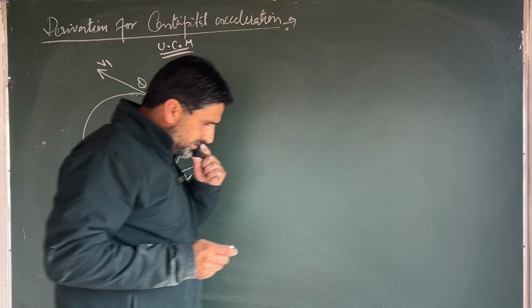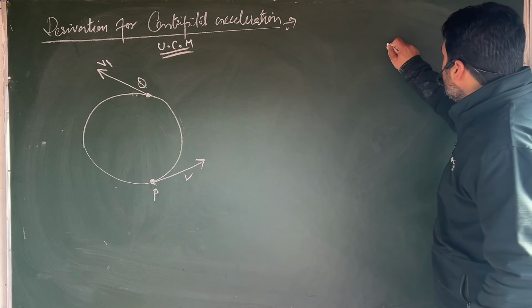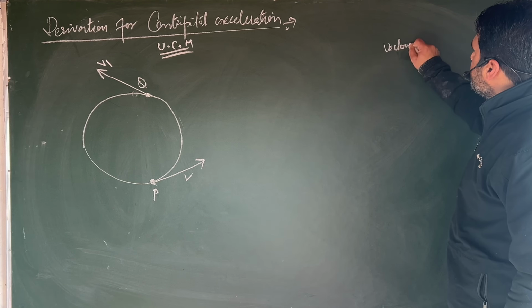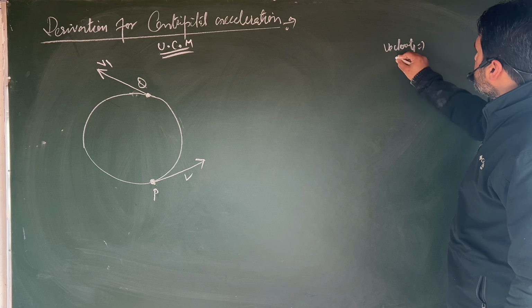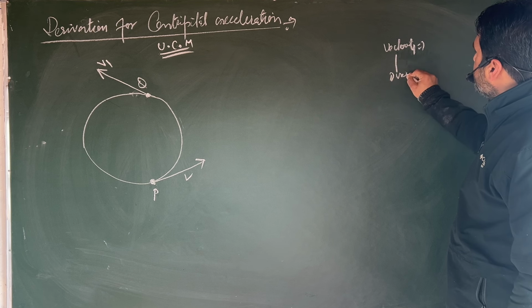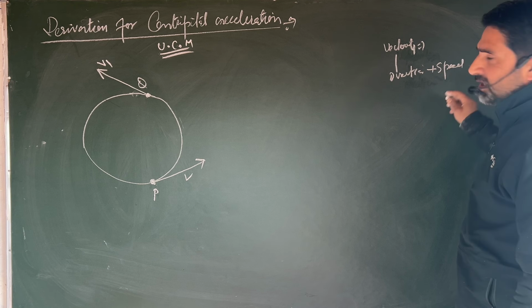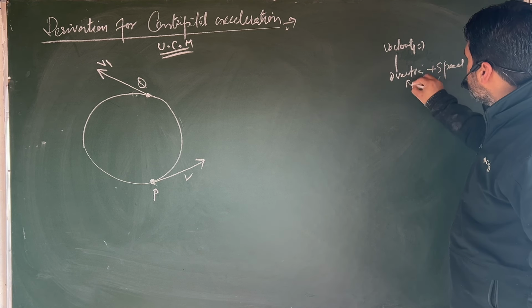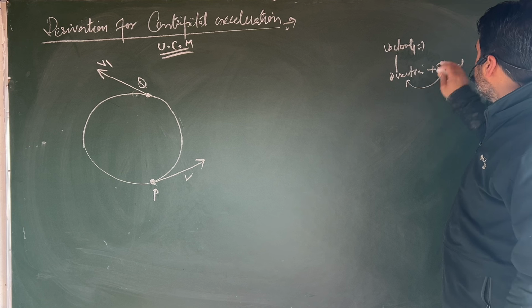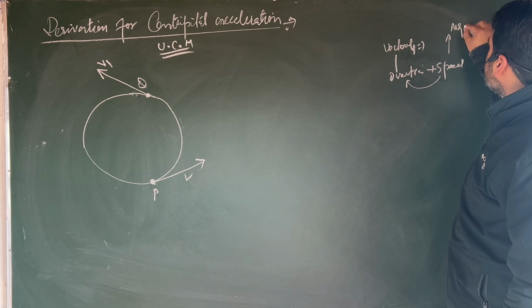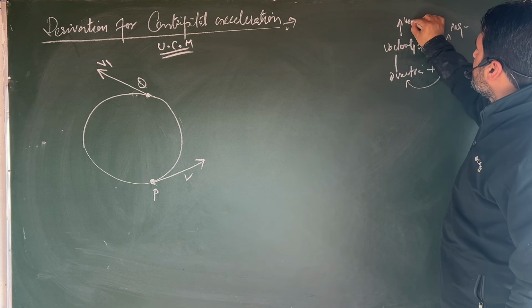One more point I say here: velocity has two parts, a direction part and a speed part. When we give direction to speed, it becomes velocity. Speed is a magnitude only, a scalar quantity, and velocity is a vector quantity.